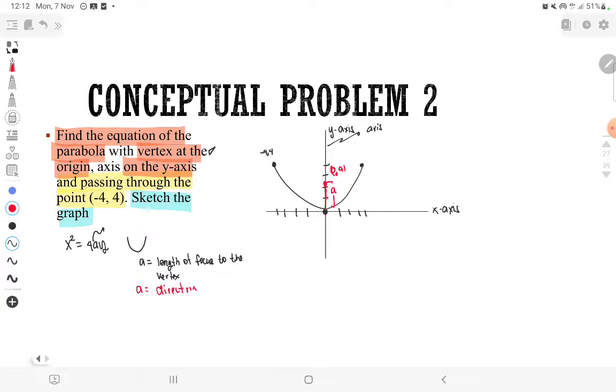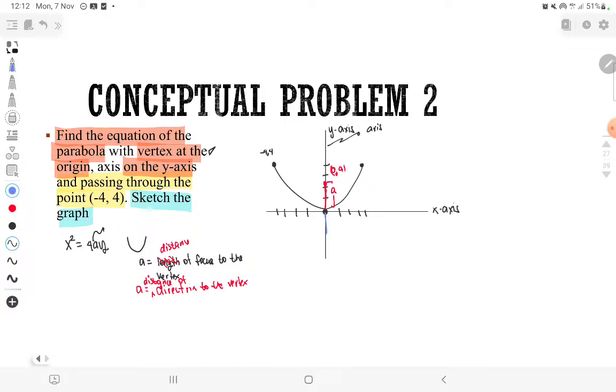Not length, but distance, of course. So a is also equal to the distance of the directrix to the vertex.